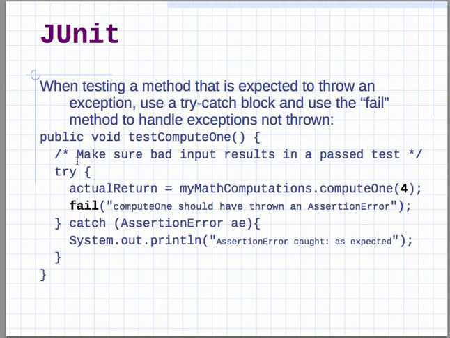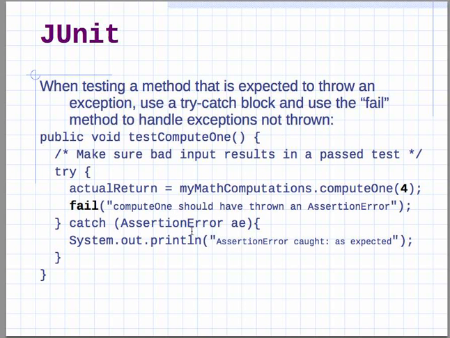So for example, if you want to make sure that exceptions are thrown, use a try-catch block and then put a fail right after the statement that should throw an exception. So if it throws an exception, we can do something like catch an assertion error, for example, and print out a message.